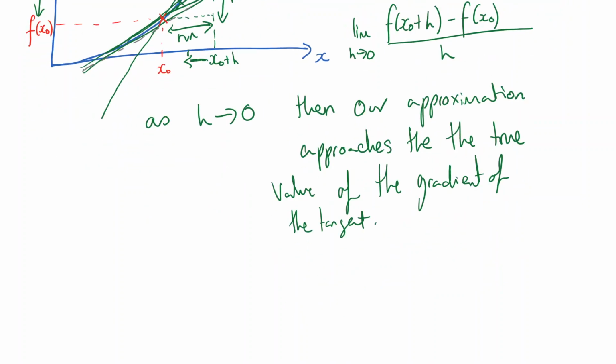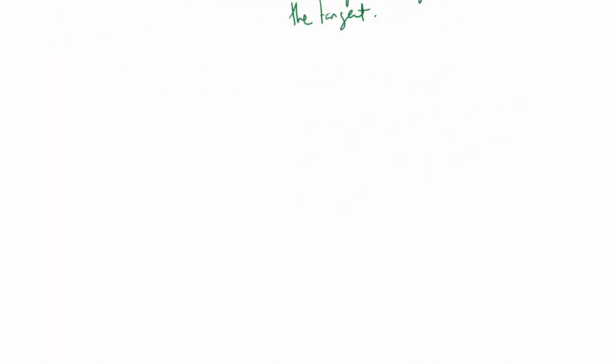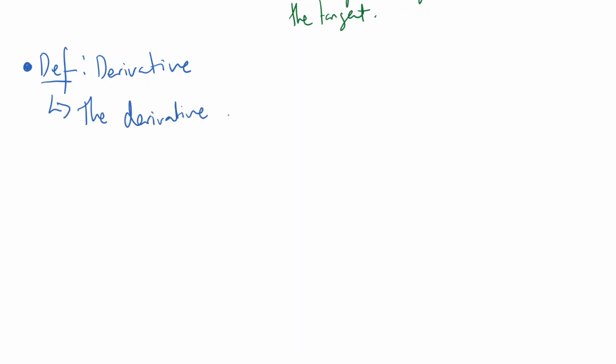Right, so this leads us on nicely to our definition of a derivative. So let's get our formal definition out. So the definition is, okay, the derivative of f of x. This is known as differentiation from first principles.